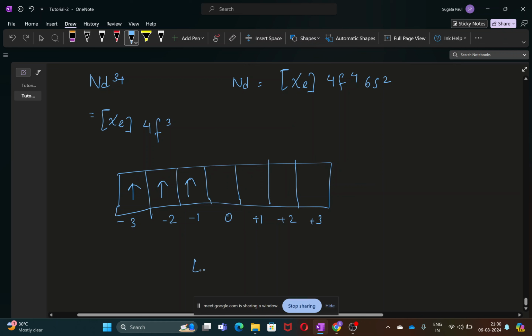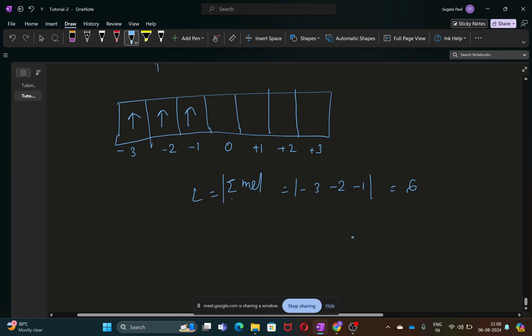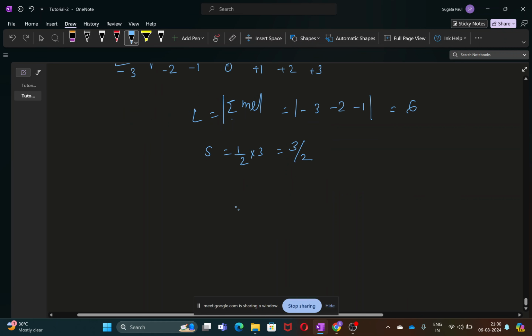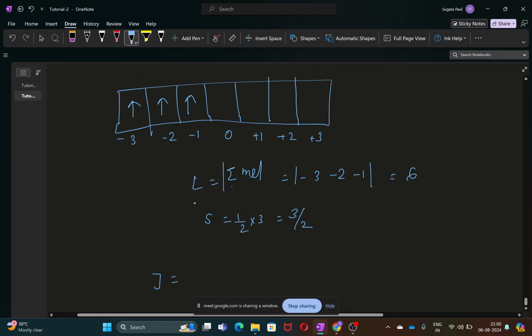So your L is the sum of ml, which is 3 plus 2 plus 1, that is 6. And your S is half into 3, which is 3 by 2. Now J: this is less than half filled, because half filled for the f shell is 7 and there are 3 electrons in the f shell.